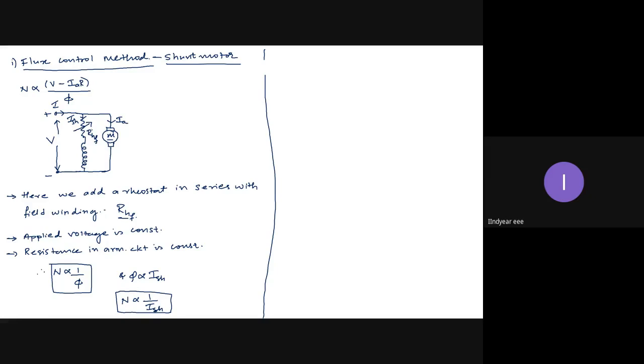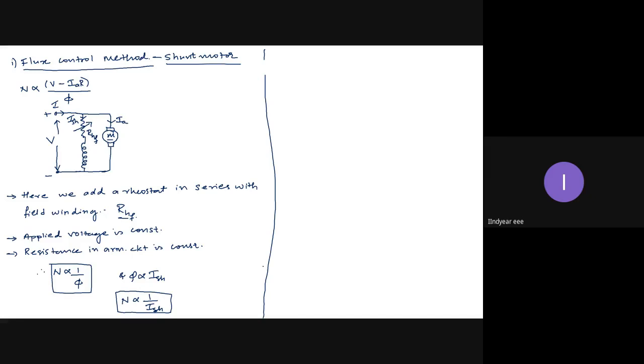Therefore, this method of controlling the speed is known as the above the rated speed method. I can't control below the rated value, because the minimum speed obtained at zero position of the field rheostat is the rated speed.